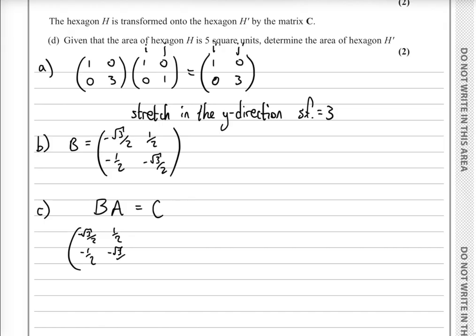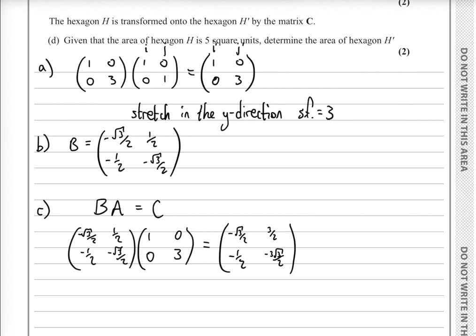Minus root 3 over 2 here, applied on A, which was 1, 0, 0, 3. The 1, 0 column isn't going to change. And the 0, 3 column is going to multiply that second column by 3. That'll be 3 over 2 and minus 3 root 3 over 2. Like that.